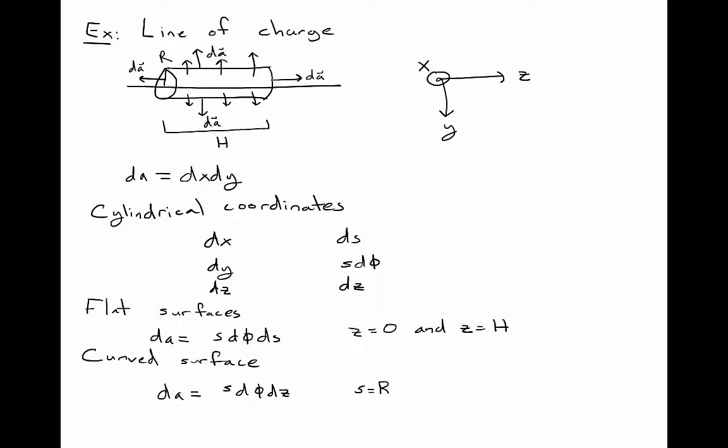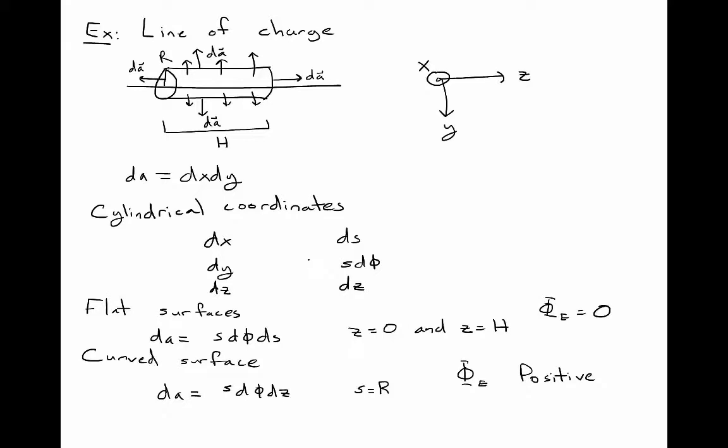But for the ends of the cylinder, the field lines are parallel to the surface, so the flux there is zero. So our electric flux for the flat surfaces is zero, and our electric flux for the curved surface is positive. So the only one we need to do any calculations for is the curved surface.